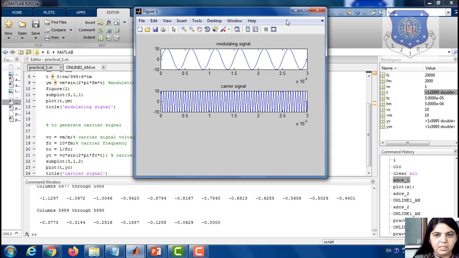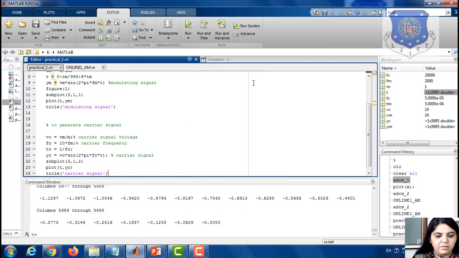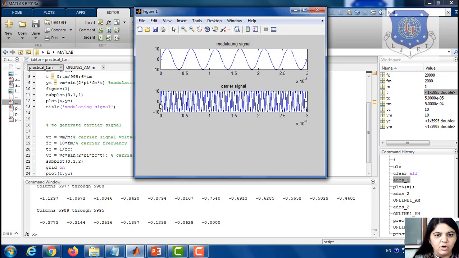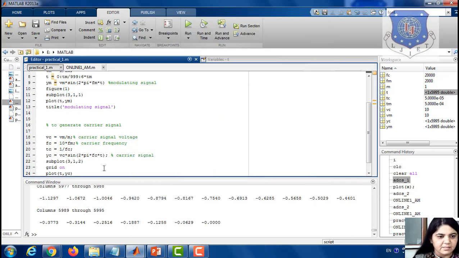If you need a grid in the graph, before plotting this, I will just write grid on. So you can see that by the grid on, the grid appears in the waveform. So this is the carrier signal and the modulating signal.